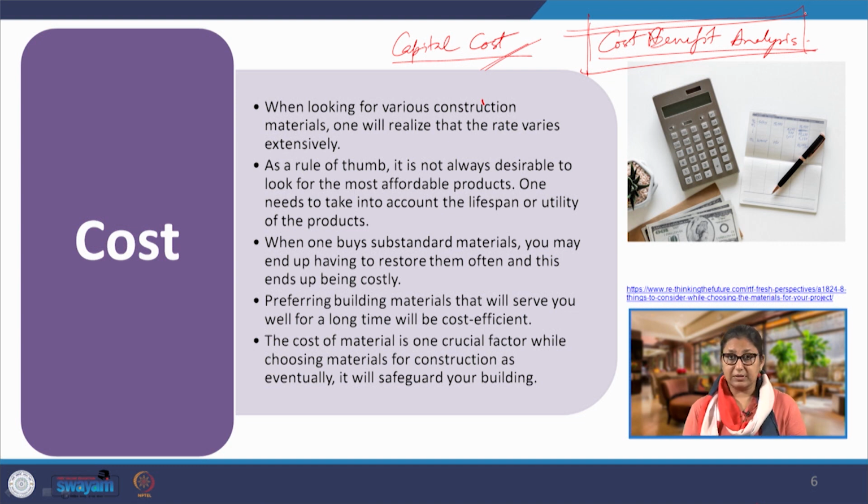Unlike residential buildings, and here also I am not talking about apartment buildings, but single individually owned residences where the owner is also the client who is commissioning the project, and then he is going to stay in that. So, that number is significantly reducing. Other than those, the majority of the times the party constructing these buildings is not going to be the owner.